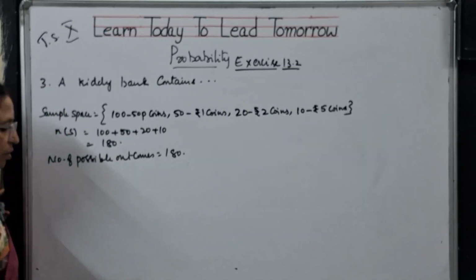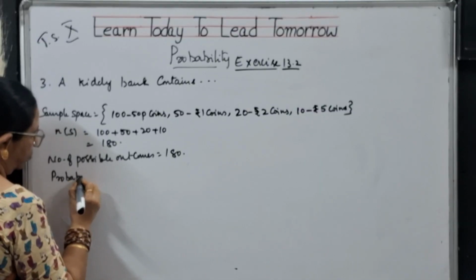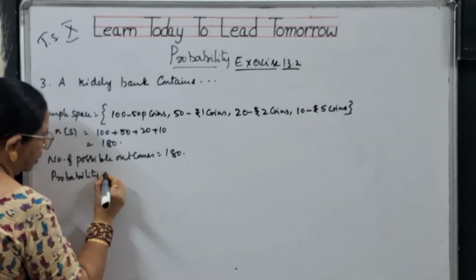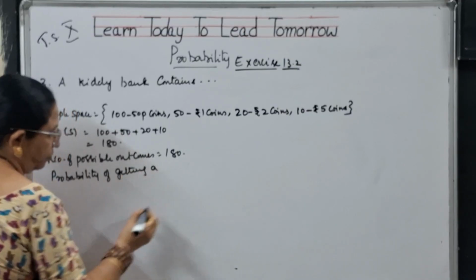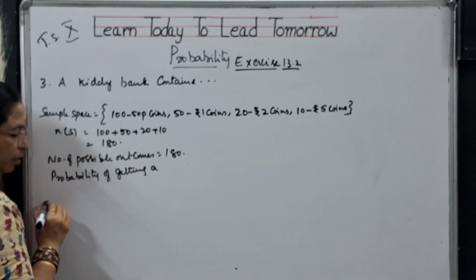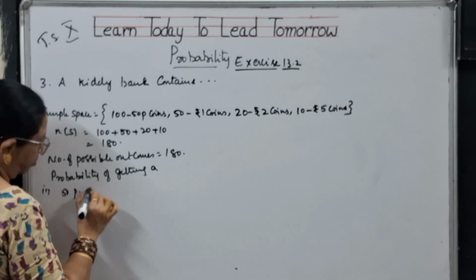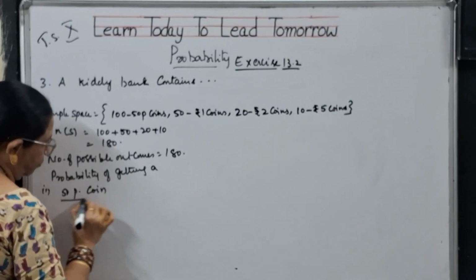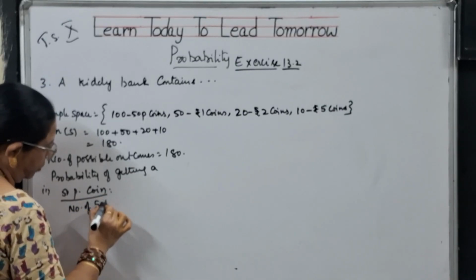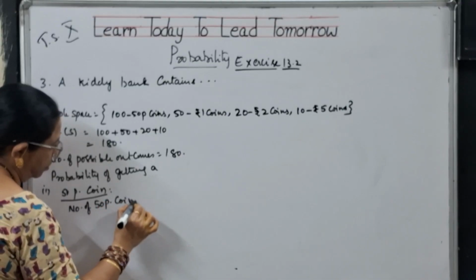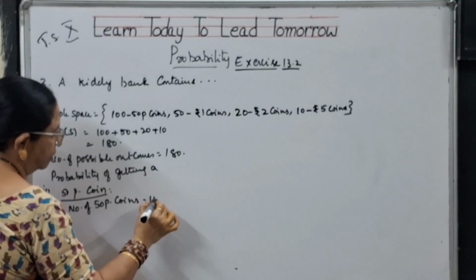Now the question is probability of getting a 50 paisa coin. So for this, number of 50 paisa coins, how many are there? 50 paisa coins, 100.